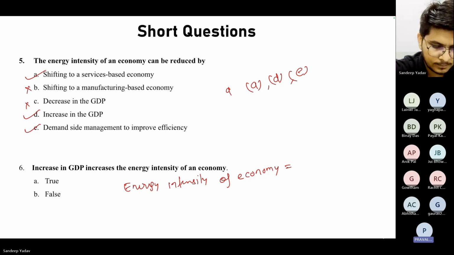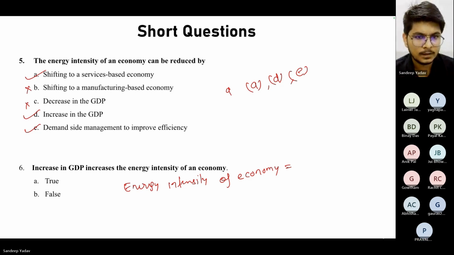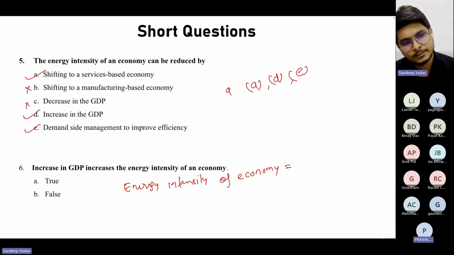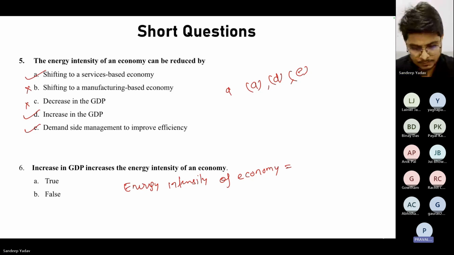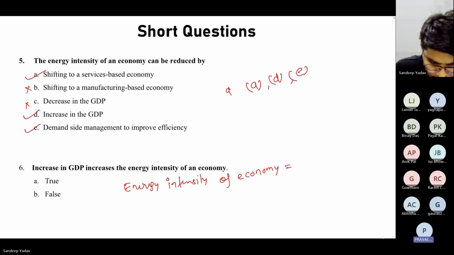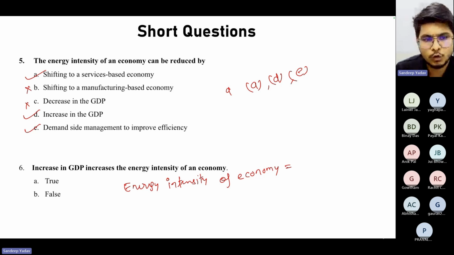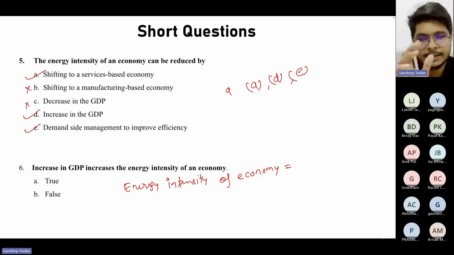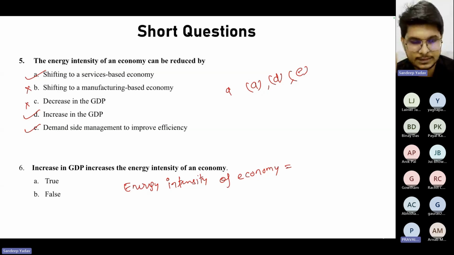I feel it's not always directly linked to an increase in GDP. It can be sustained and then efficiency could be developed. Yes, there are exceptions, but if you want to go into more detail, I already explained how the increase in GDP increases the energy intensity.